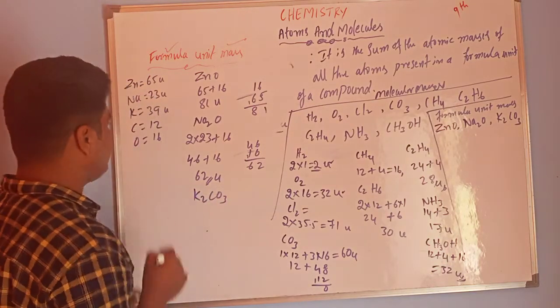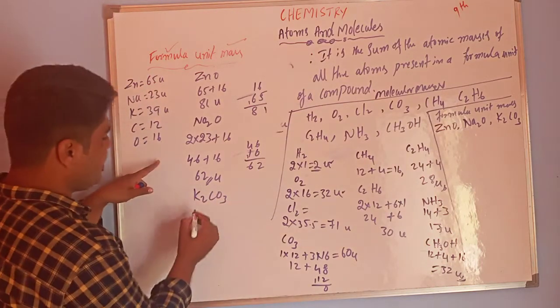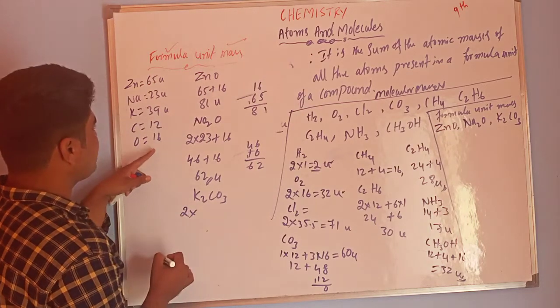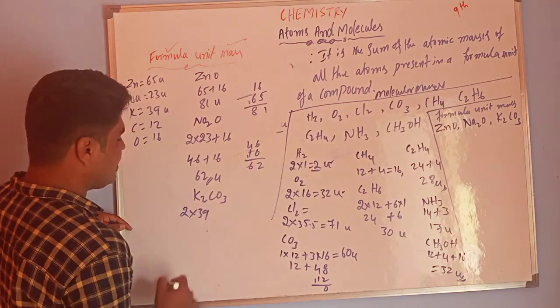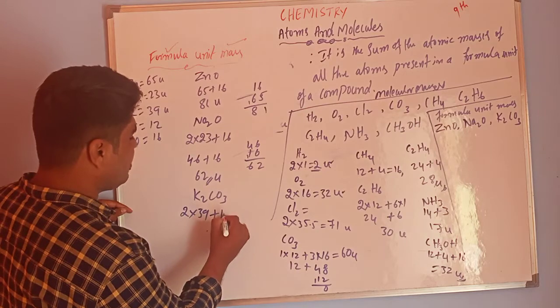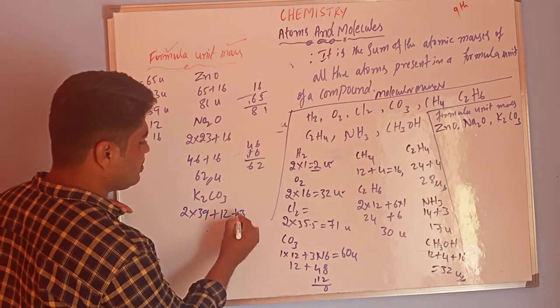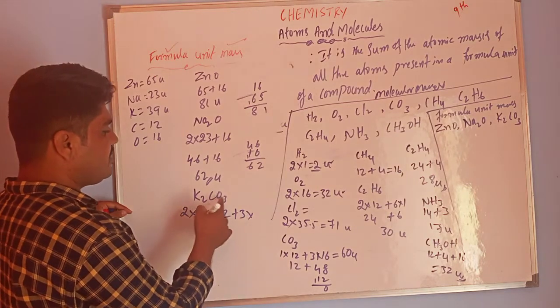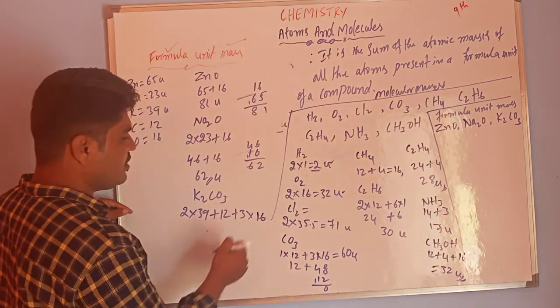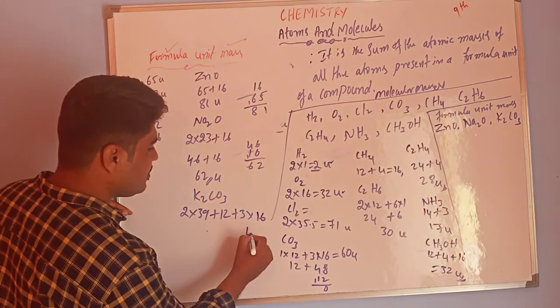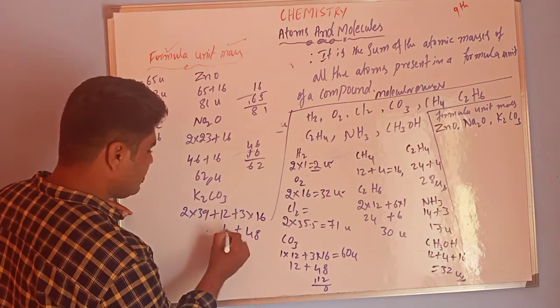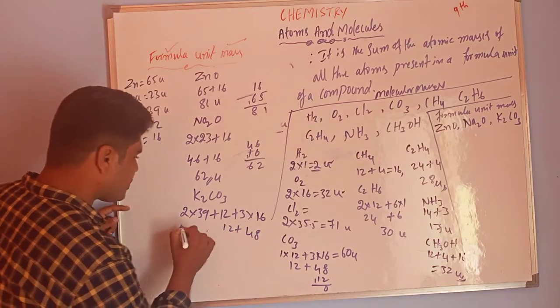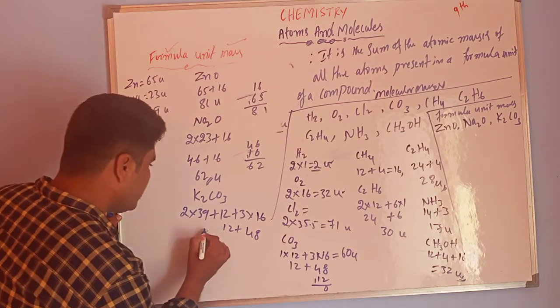Next is K2CO3. For K2, how many potassiums? 2 potassium atoms are present, with atomic mass 39, so 78. Plus carbon 12, only one, that's why I am taking 1. Then 3 oxygen atoms, I am taking 3, with atomic mass 16, so that is 48.